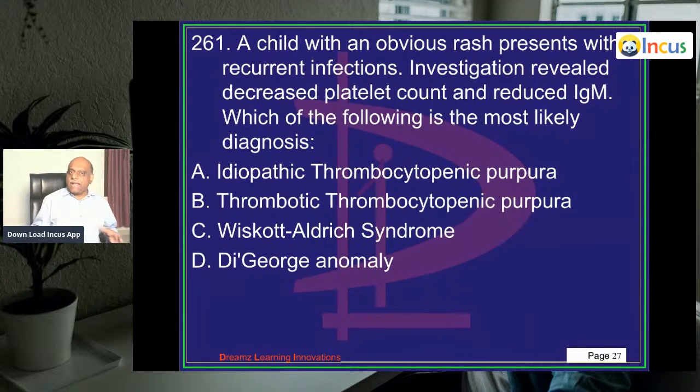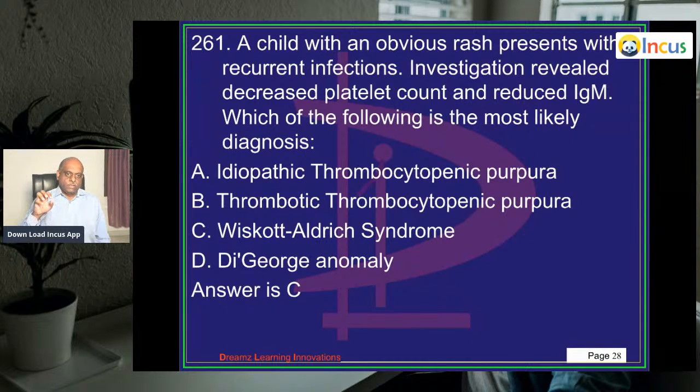A child has a rash with recurrent infections, decreased platelet count, reduced IgM. You need any other clue? Wiskott-Aldrich syndrome. Once more, all primary immunodeficiencies, Job syndrome, Wiskott-Aldrich and so on, you need to have in your tips.